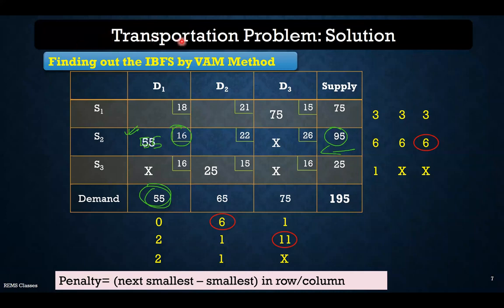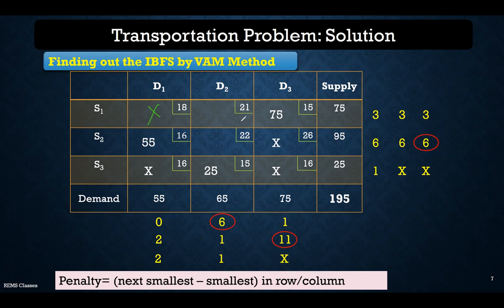Again, since this particular column is satisfied, 55 is satisfied, so we'll cross this particular cell since this is satisfied.